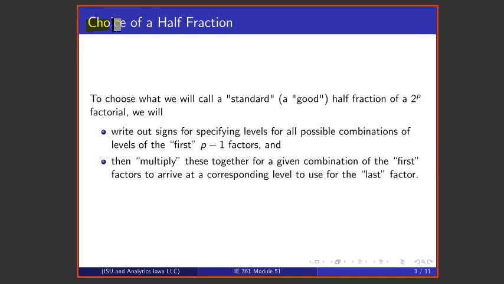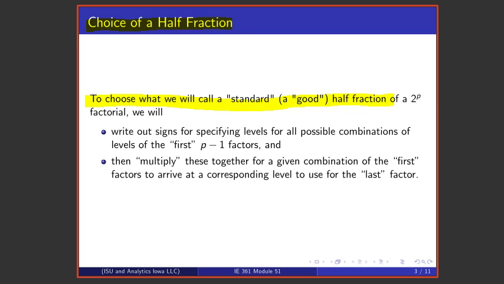So to begin, let's talk about choice of a half of 2 to the p combinations of p factors each at 2 levels. To make a choice of what we're going to call the standard half fraction, here's what you do.